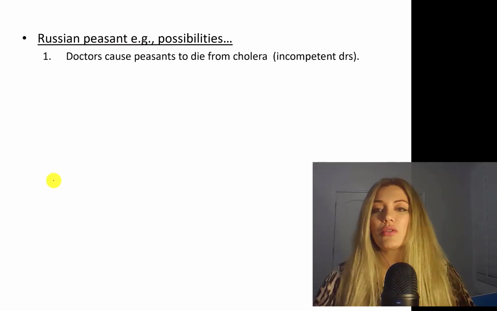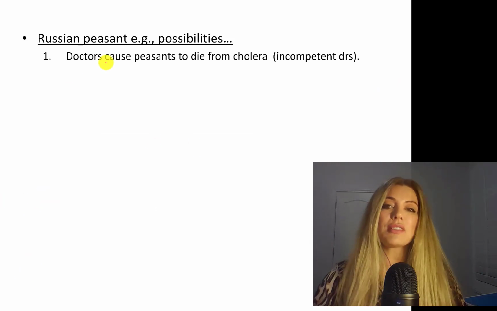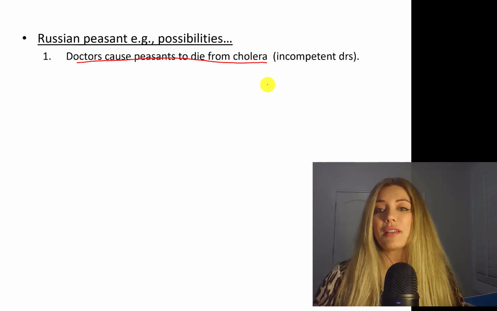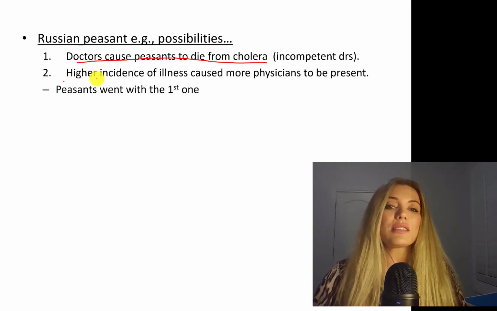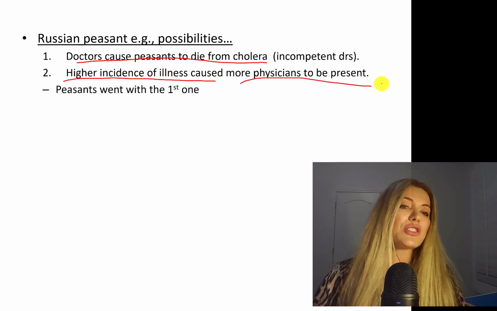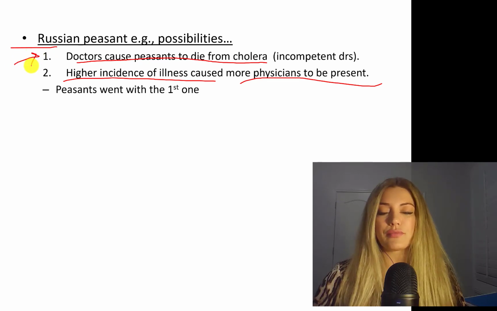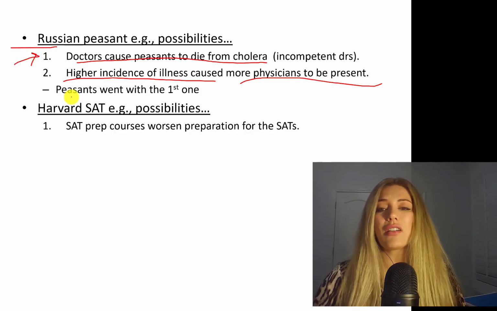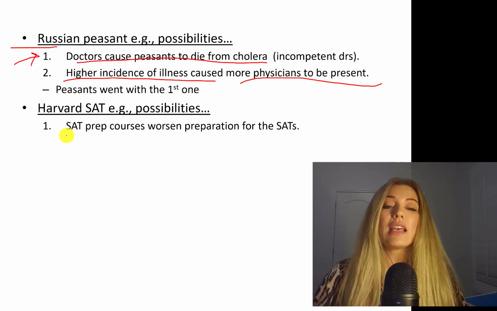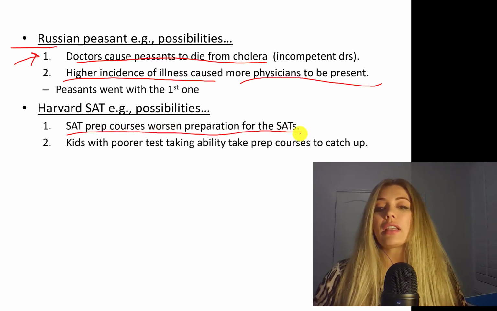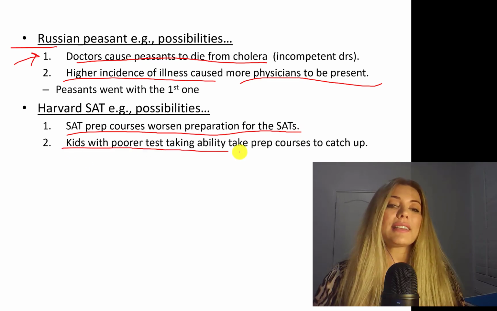So in the Russian peasants example, there are some possibilities. Maybe doctors cause peasants to die from cholera, maybe they're incompetent doctors. Second, higher incidence of illness caused more physicians to be present, but peasants went with the first explanation. Second example, the Harvard SAT score and the Harvard dean's interpretation. Two possibilities: SAT prep courses worsen the preparation for the SATs, or kids with poorer test-taking ability take preparation courses to catch up.